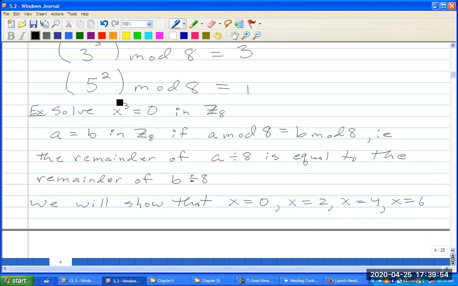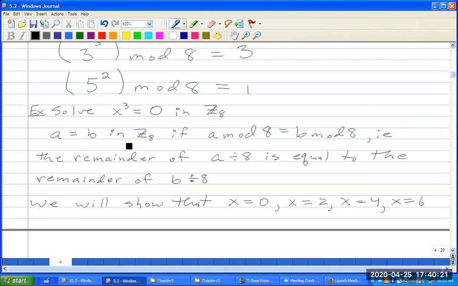Solve x cubed equals 0 in Z8. Z8 is a sort of bad object. Note A is equal to B in Z8 if A mod 8 is equal to B mod 8.